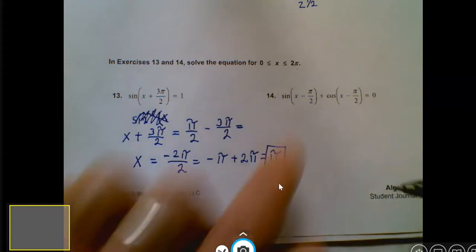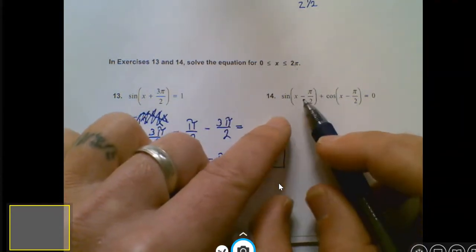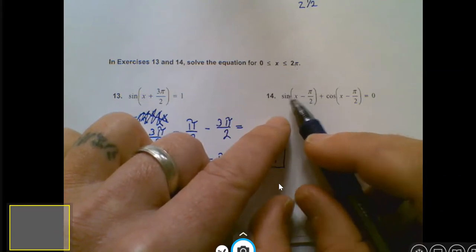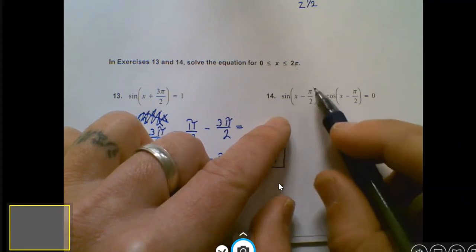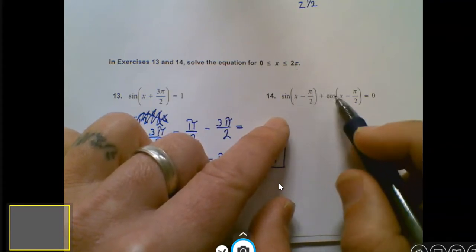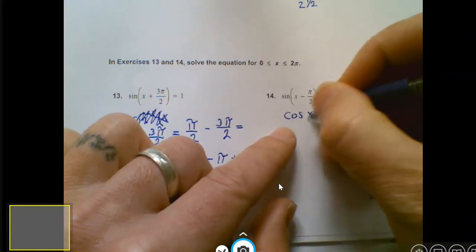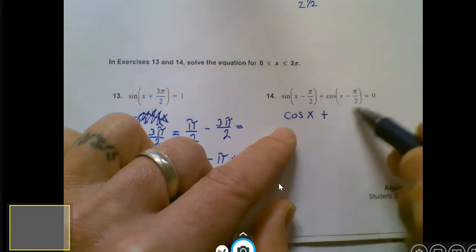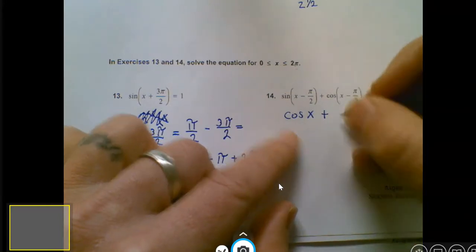Let's try one more of those. As I look at this, remember what we talked about up above? My value of sine, if I subtract or add 90 degrees, which is all this is, takes me to the other angle. So this is the same thing as saying the cosine of x plus, now what's this one going to be? If my complementary angle to cosine is sine.